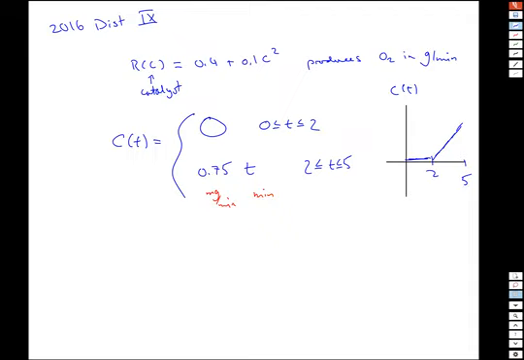Now, there actually is one little gotcha with this. If I plug in t equals 2, I'm going to get C of 2 is equal to 0.75 times 2, which is 1.5. Wait a minute.